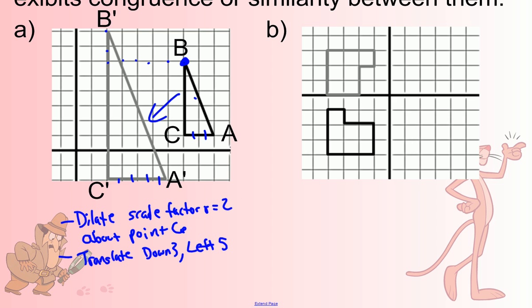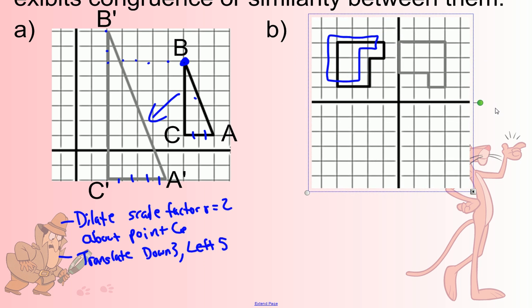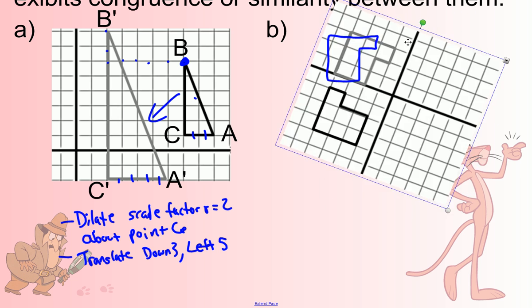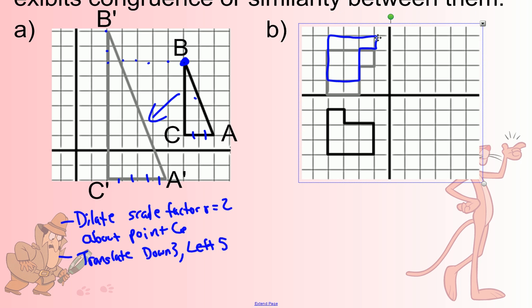It's not exactly right, because the rotation would take it up here. That's where the rotate would take us. It's not quite lined up correctly, but that's what the rotation would do.